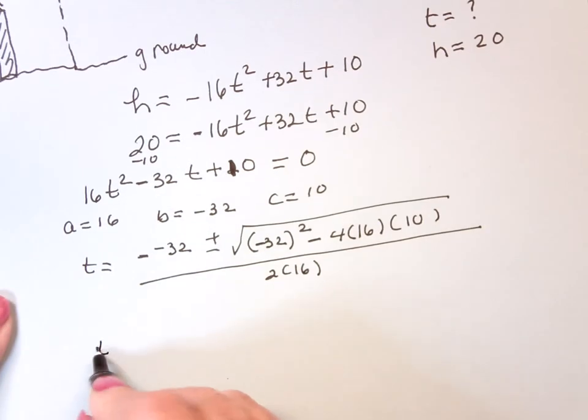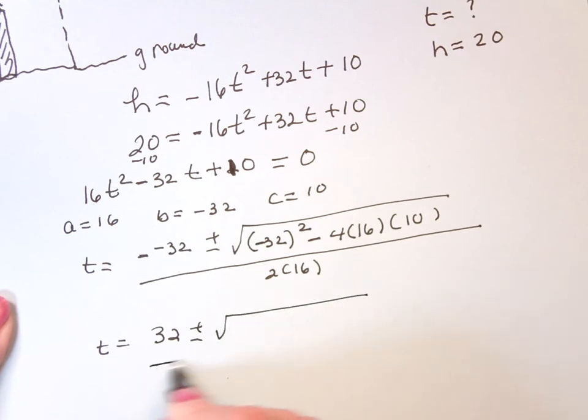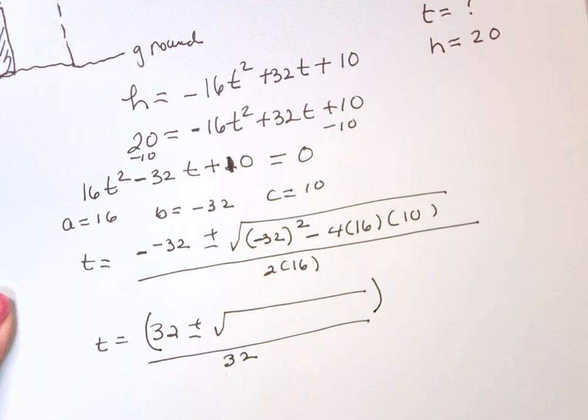Or t is 32 plus or minus the square root of something all over 32. I cannot cancel the 32s because the addition or subtraction makes that a single unit.